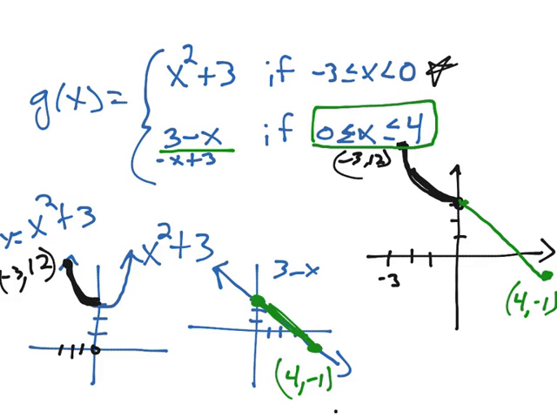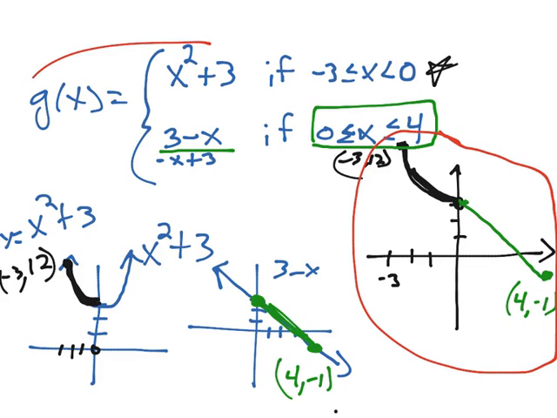So here's my entire graph of this piecewise function. If g of x is equal to x squared plus 3 for inputs from negative 3 to 0, then you're on this little arch. And if g of x is equal to 3 minus x for x greater than or equal to 0 but less than or equal to 4, then you change to this straight line and come down there to 4.